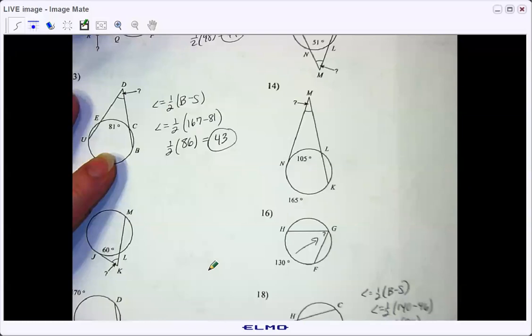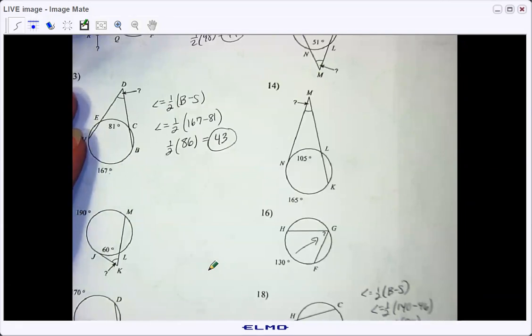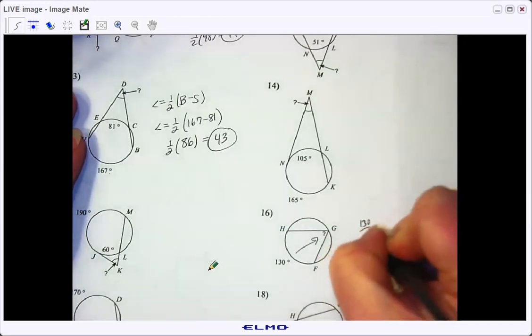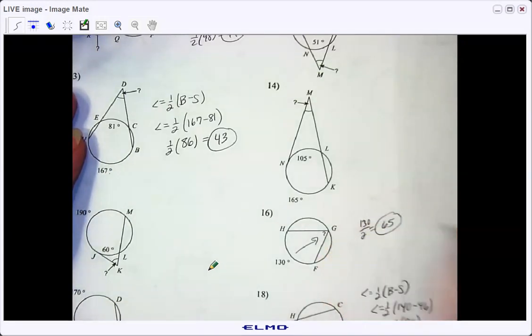That's a pretty easy one, even if that's the only one you got the whole day. At least you know you have something. Good. Nice. Okay. Yes, the answer is 65 because 130 divided by 2 is 65. You're done.